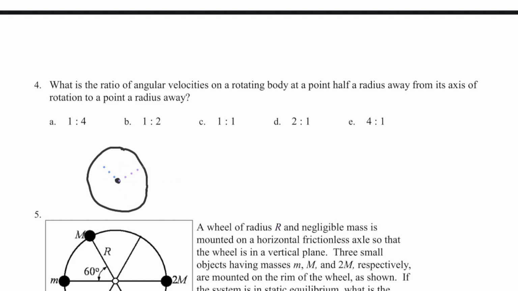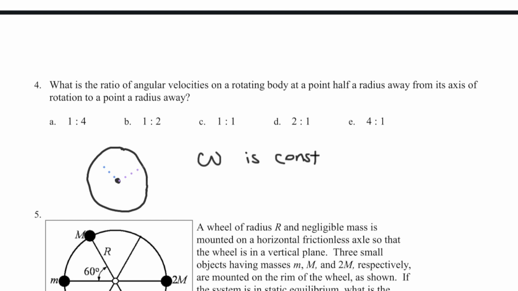Well, we have to use the fact that the definition of a rotating body, well, everything in here is going to be rotating at the same rate. So actually, for a rotating body, omega is constant at all points. It's the linear velocity that changes because everything is sweeping out a circle at the same rate.